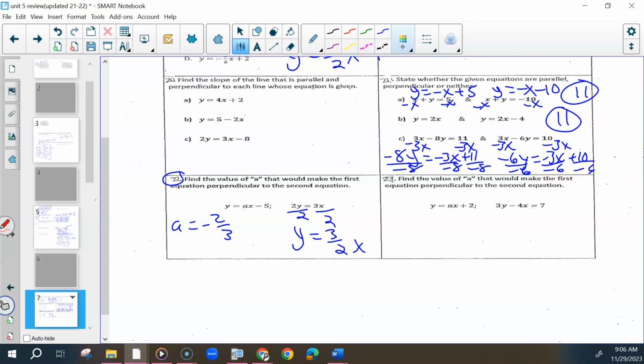So y equals 3/8 x minus 11/8, and y equals 1/2 x minus 5/3. Are these parallel, perpendicular, or neither? Neither. Because the slopes aren't the same at all, so they can't be parallel. And they're not negative reciprocals of each other.